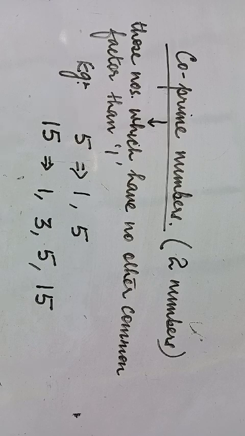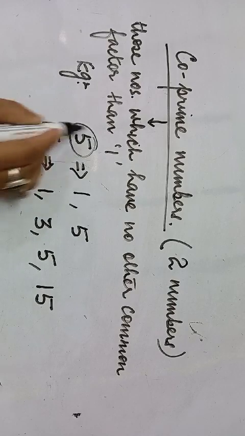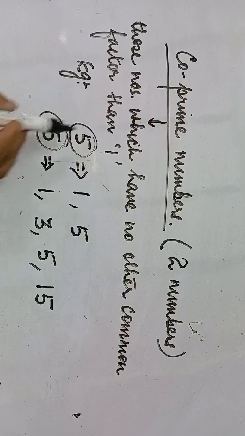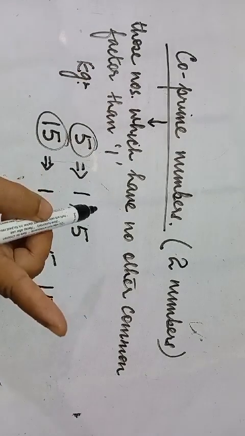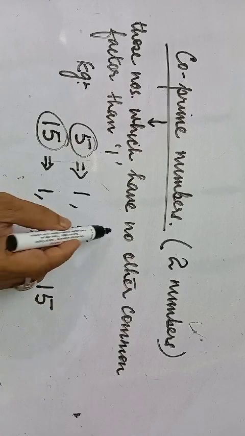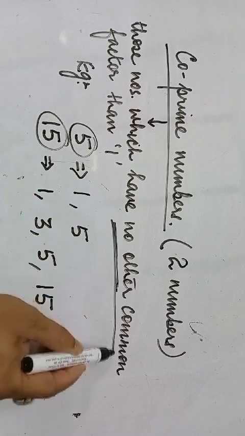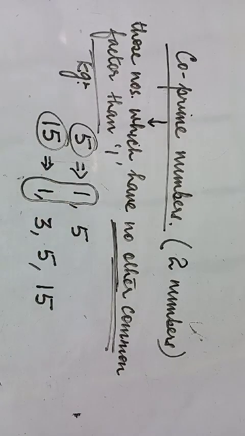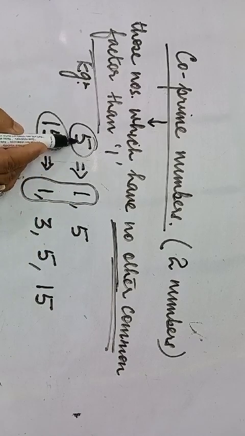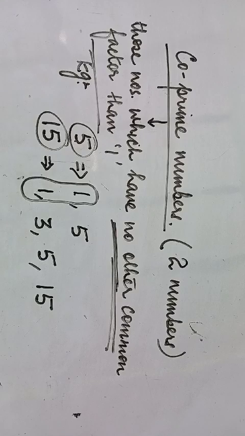Okay, so look at these two numbers. When will these two numbers be called co-prime numbers? When and if they have no other common factor than 1. Now you see, 1 is a common factor here because 1 is a factor of this number also, 1 is a factor of this number also. But is 1 the only common factor for these two numbers?